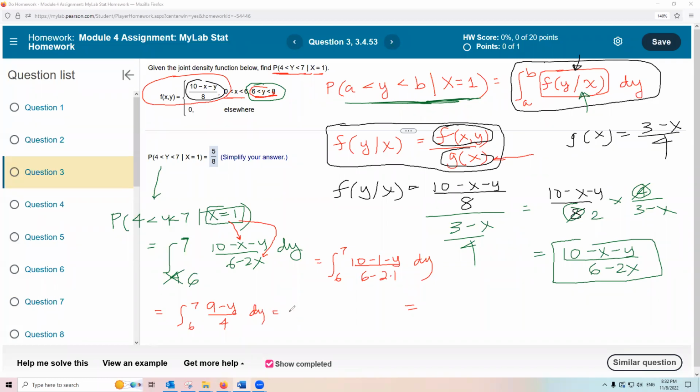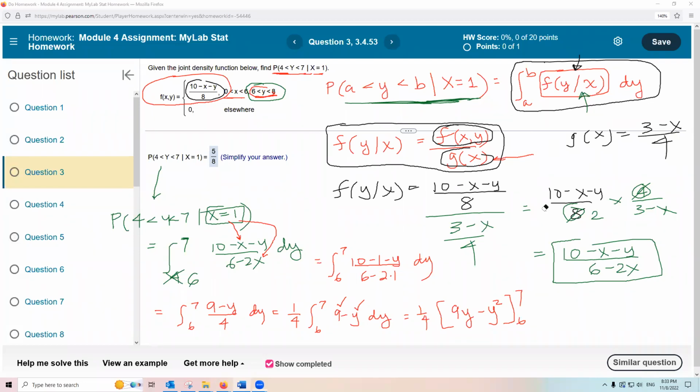Let me bring the 1/4 out in front. This is an integral I think we can work out. So this is 1/4 times the integral of 9 dy, which is just 9y, and the integral of y dy, which is y squared, evaluating from 6 to 7.